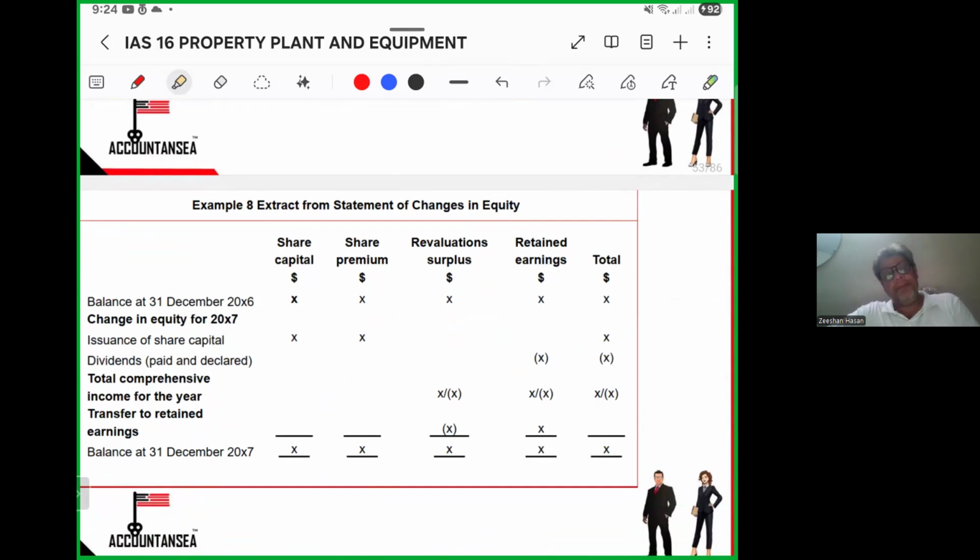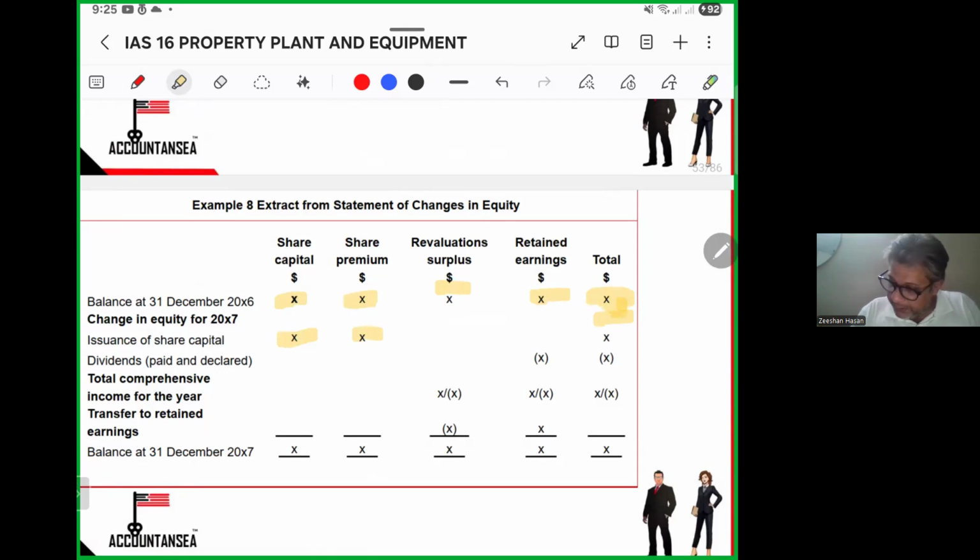Okay, now example 8, as you can see, statements of changes in equity. Balance at 31st December 2006. We have the share capital opening amount, share premium opening amount, revaluation surplus, retained earnings, issuance of share capital, share premium, and the total amounts.